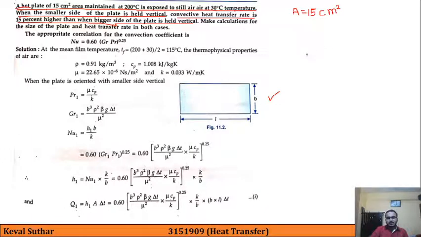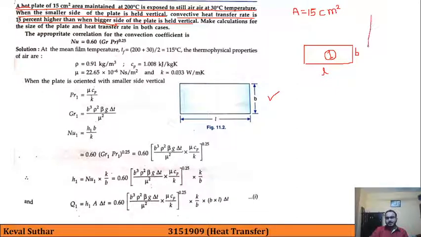So what is the thing that they are trying to say here, that there are two different cases. This is the first case, in which this is the length L and width B, and let us count this to be arrangement 1.